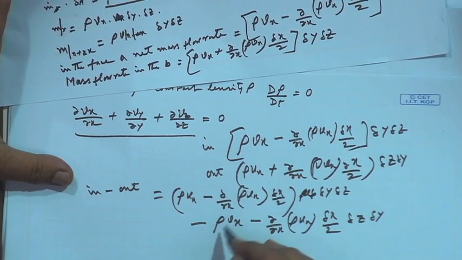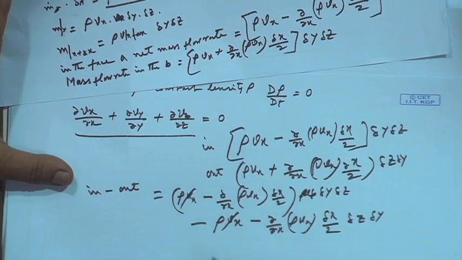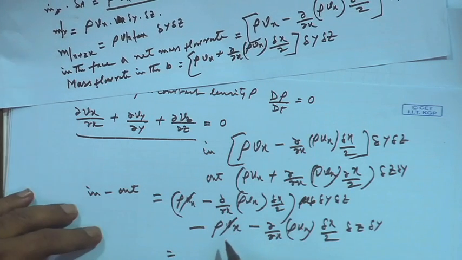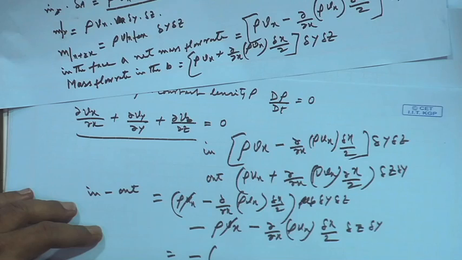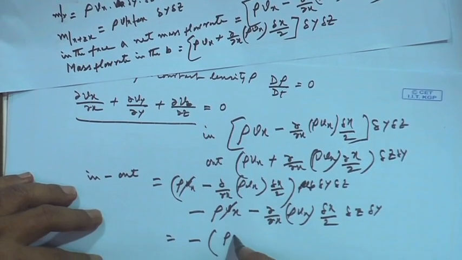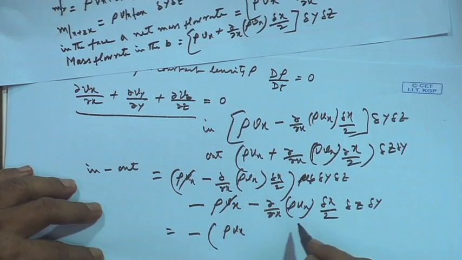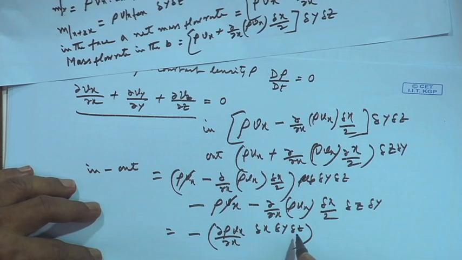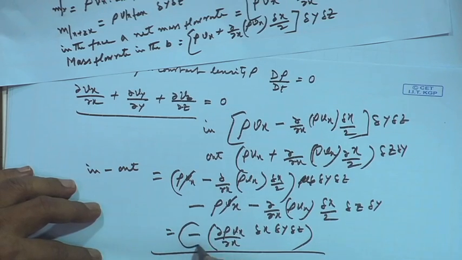So in that case this rho Vx goes out, the negative becomes one, and then this del x by 2 and del x by 2 together become del x del y del z. So del x of rho Vx into del x del y del z, that is in the x direction. That is how the negative term has come up.